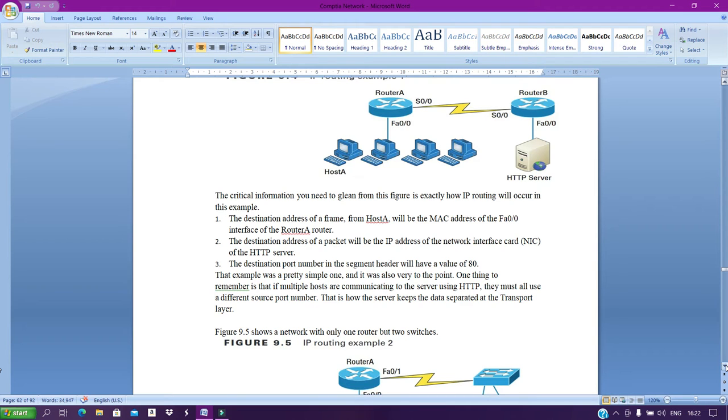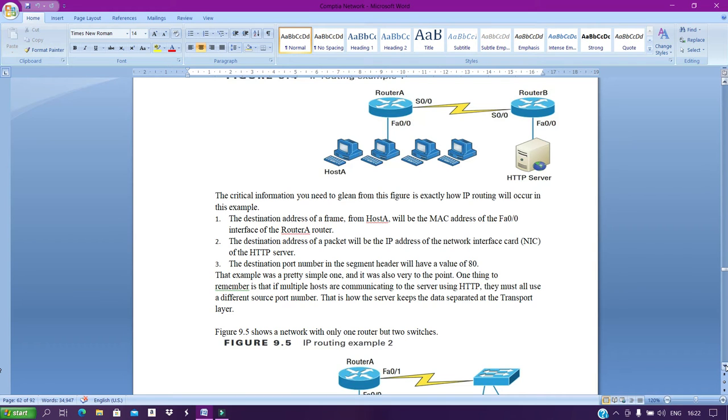The destination address of a frame from host A will be the MAC address of the FA0/0 interface of router A. The destination address of a packet will be the IP address of the network interface card (NIC) of the HTTP server. The destination port number in the segment header will have a value of 80.